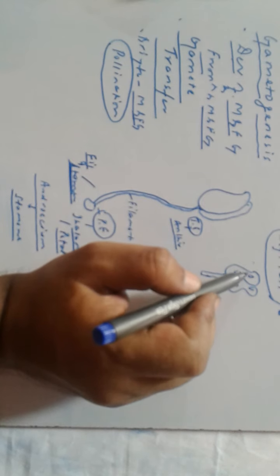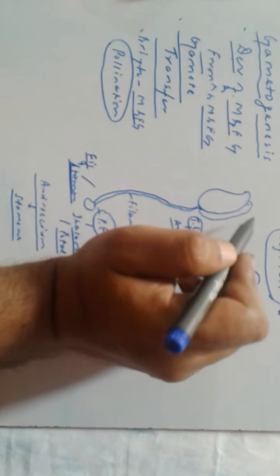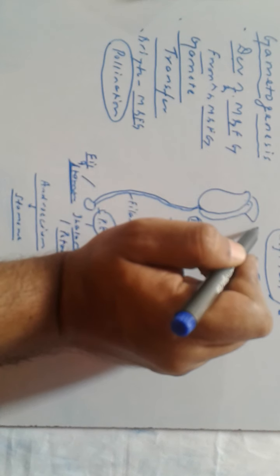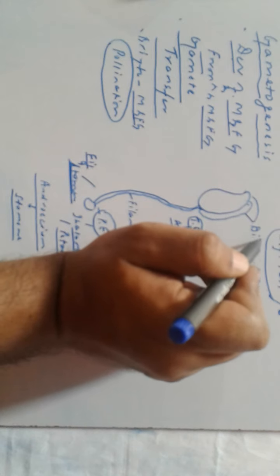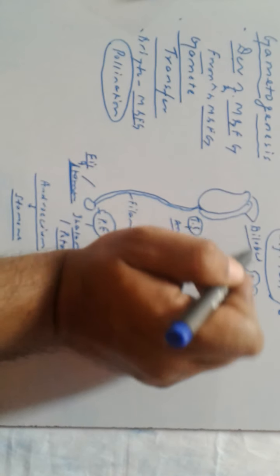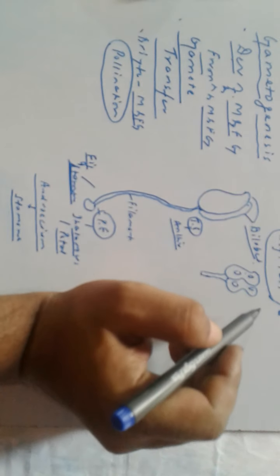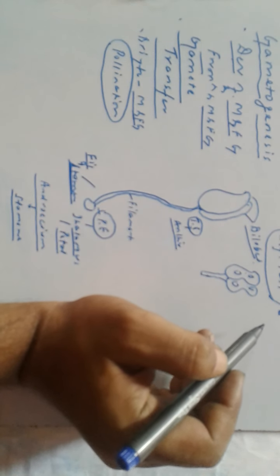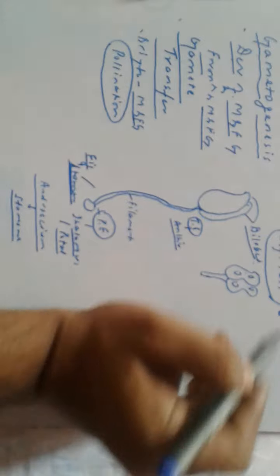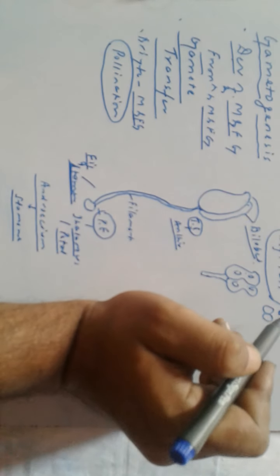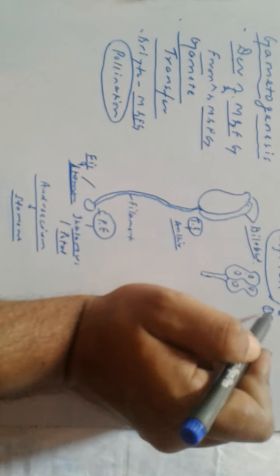Now it's clear. We have two lobes here, so it is called dithecous or bilobed.